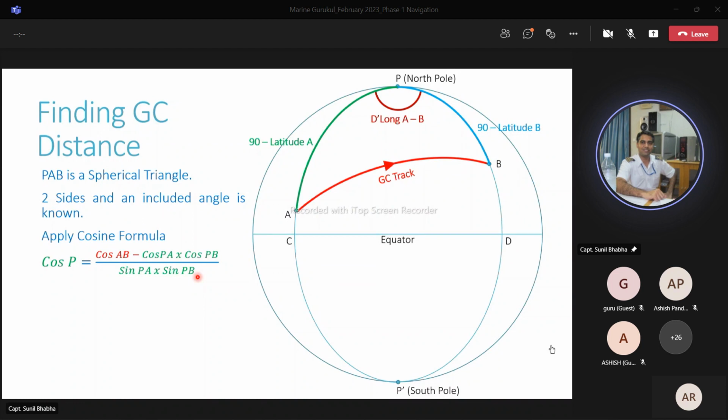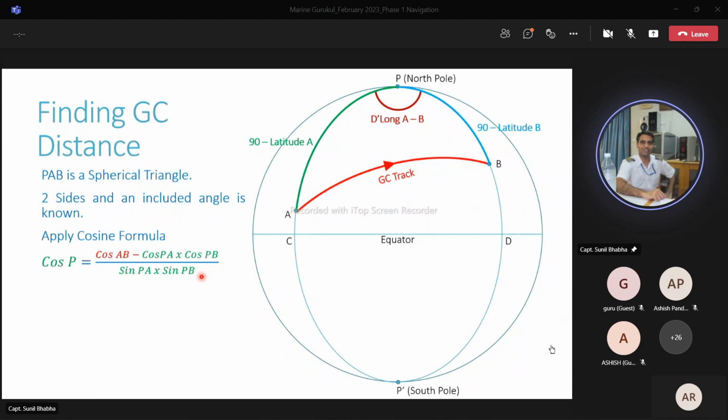So if you look carefully in this formula, we know what is angle P. It is the D long between A and B, both the longitudes being available to us, the D long is known. PA is known to us. We have just now seen PA is the colat of our position A. PB is known to us. It is the colat of position B. Again, in the numerator, PA and PB both are known to us.